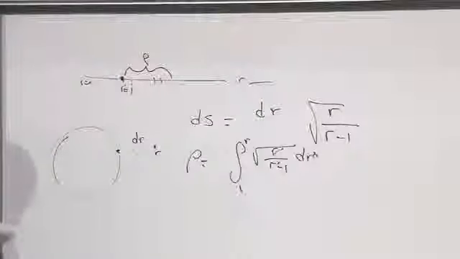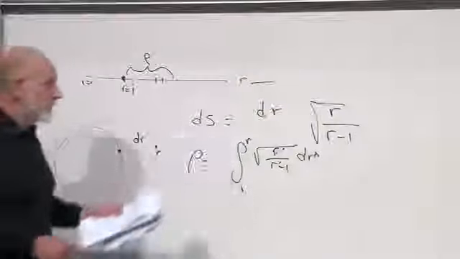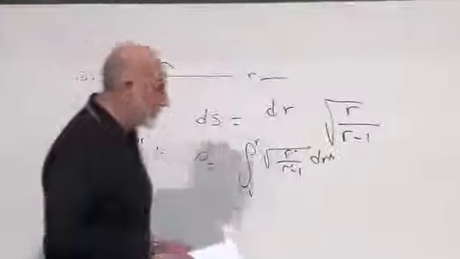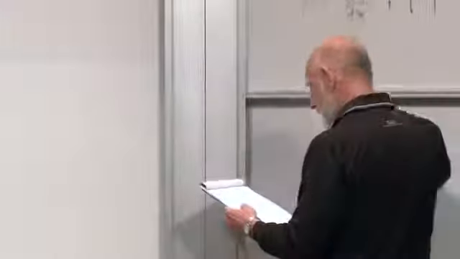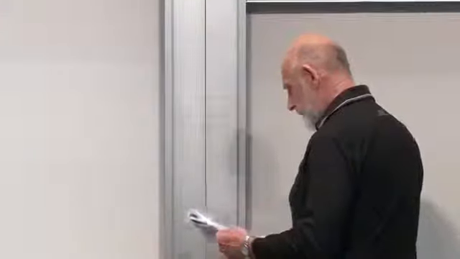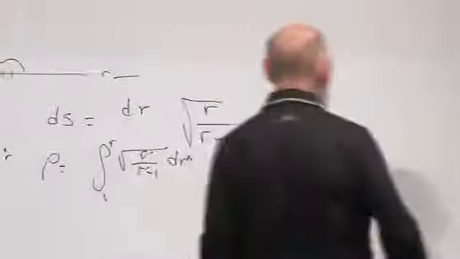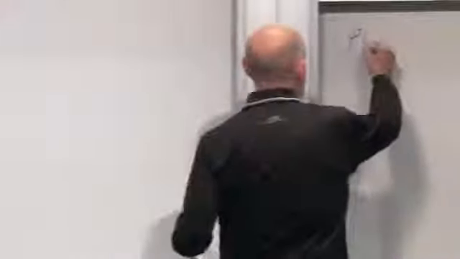I'll tell you what we know. You can do the integral. The integral is a doable integral, but I'm not going to do it. But I'll tell you some things about it. Rho is some function of r. Let's call it just rho of r.